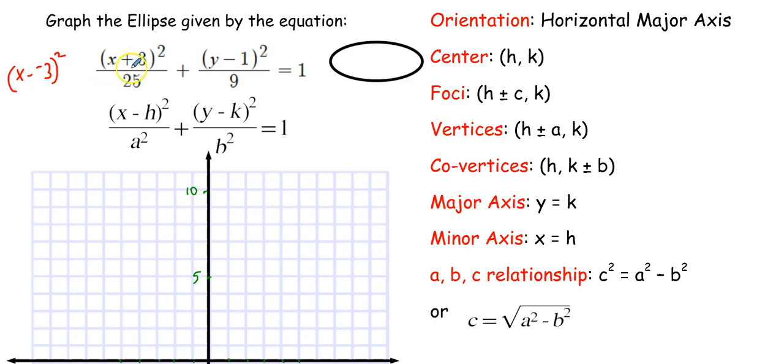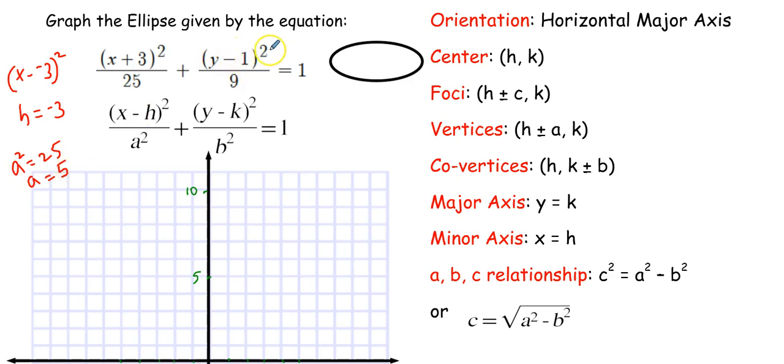And this is telling me that the value of h is equal to negative 3, or just take the opposite. And a square is equal to 25. If a square is equal to 25, what is the value of a? It is the square root of 25, that is 5.